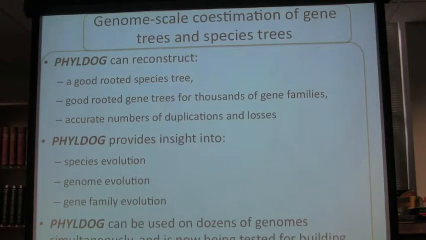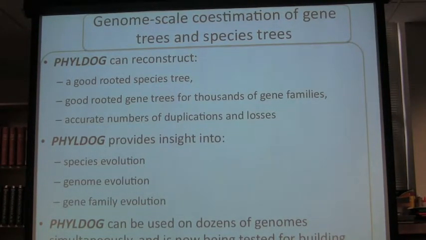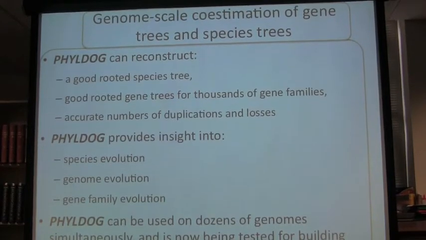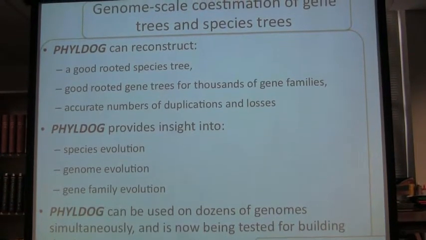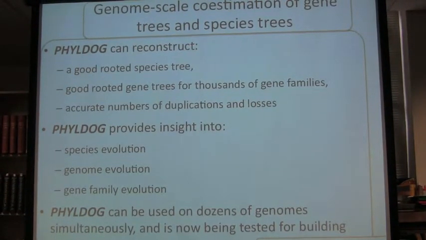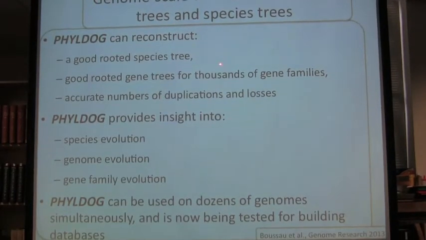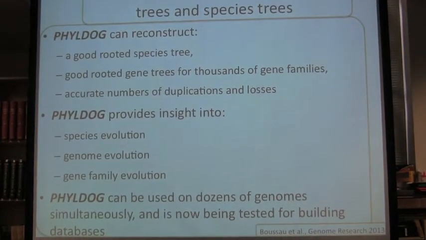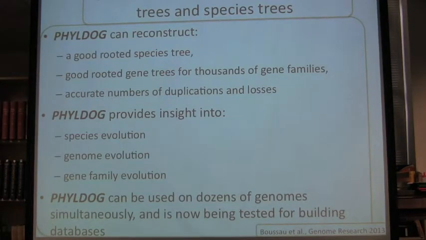Okay, so to conclude on this part, we've developed a software, Phylogenetic, that you can use with whole genome data. It's meant to be used for thousands of genes. And it provides a good rooted species tree without need for an outgroup. It provides rooted gene trees for thousands of gene families. So if you're interested in gene family evolution or even the evolution of a particular gene family, this software could be useful to you.